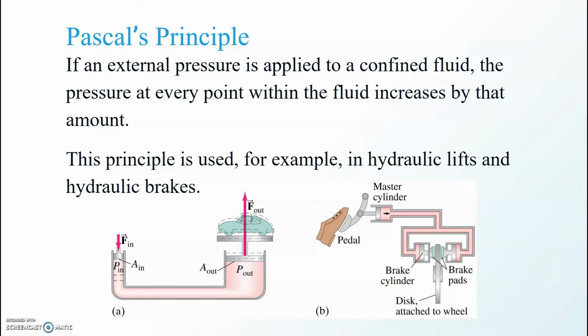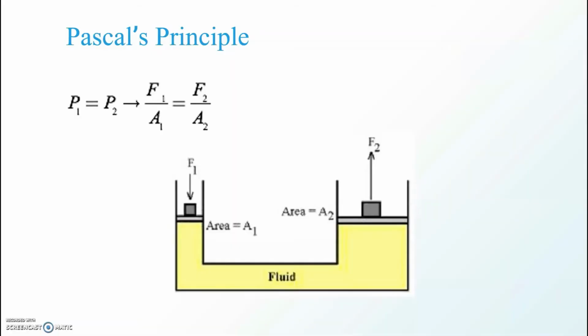Now, Pascal's principle says that pressure applied will transfer through the whole fluid. So pressure in here has to be the pressure out. But if I have a small area in and a big area out, that can change things, and I can use a small amount of force to pick up a very big, heavy thing. So pressure 1 equals pressure 2: force 1 over area 1 is equal to force 2 over area 2.